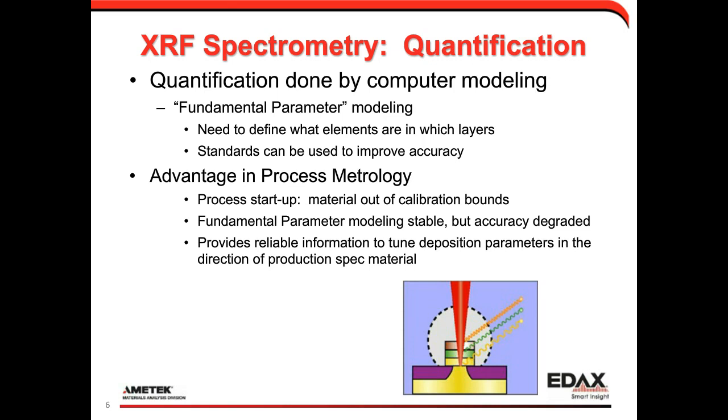So you may start up a particular process, not be producing the material in spec that you want, but you want to have an idea of where you're at. So you may be outside of the calibration range, but it gives you basic guidance on how to tweak the deposition parameters to get you into spec and making production grade material.